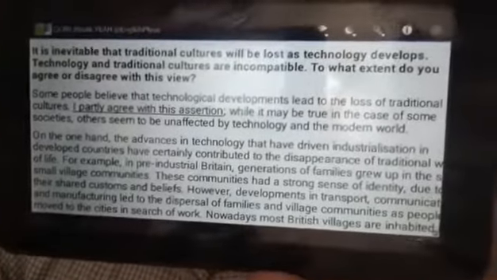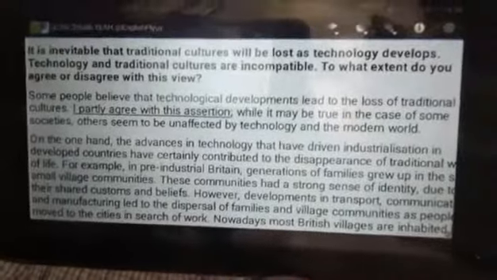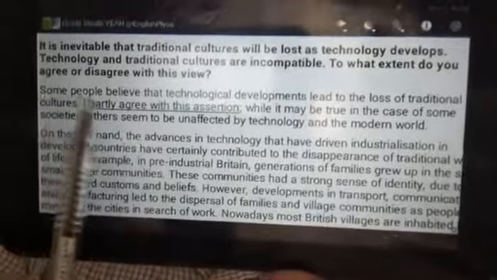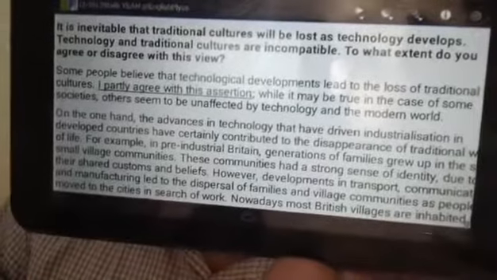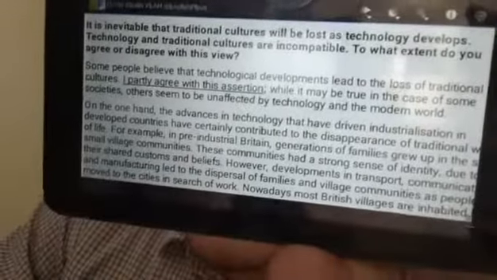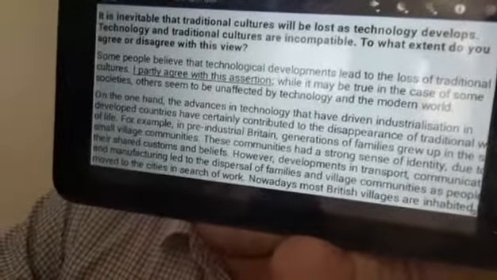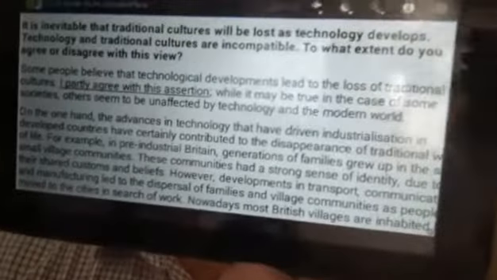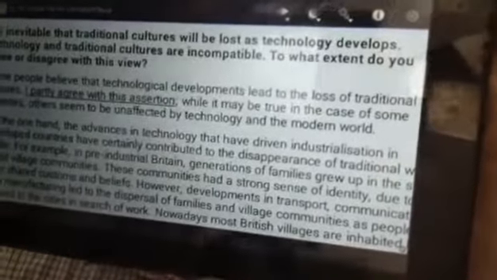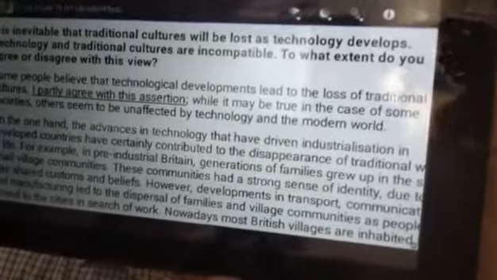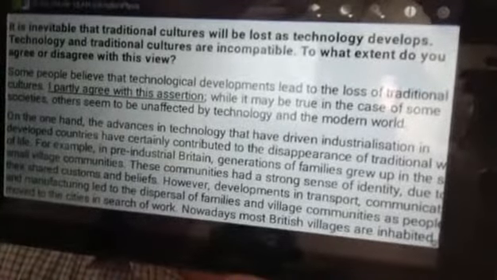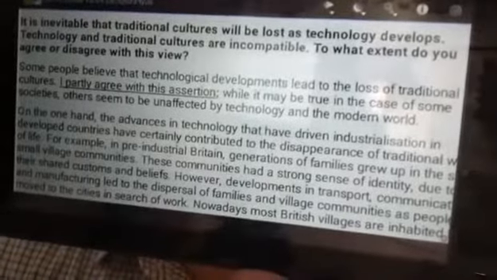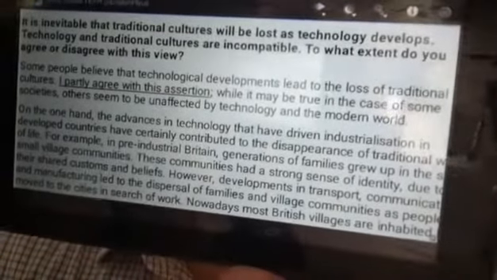Here, my first sentence in the introduction is: some people believe that technological developments lead to the loss of traditional cultures. I will change this into passive because I know that many people will write in active. Traditional cultures are often lost with the impact of technological developments, and that's it.